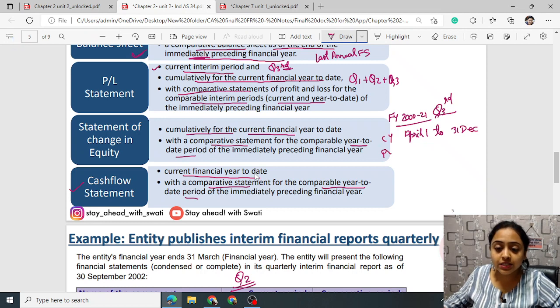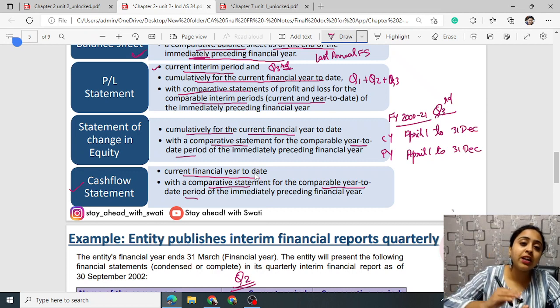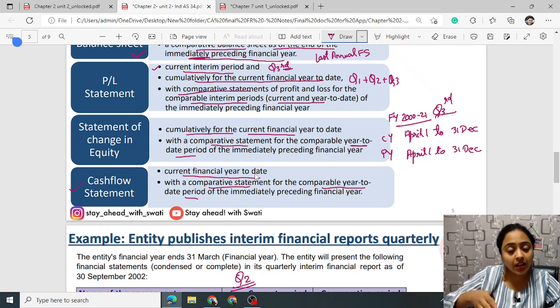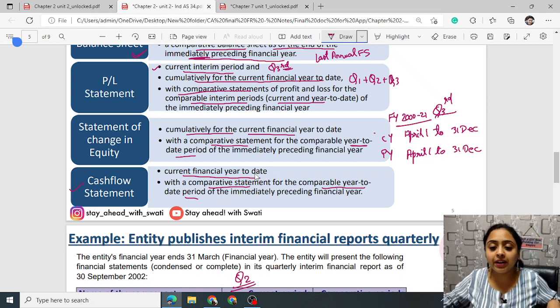And of previous year, what you need to show? April 1 to 31st December. Are you clear? If you talk about third quarter, what you need to show? You need to show the cumulative figures, from the current year as well, from previous year as well. Okay, so these will be compared hand in hand.